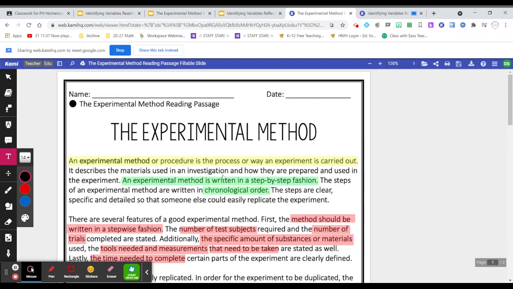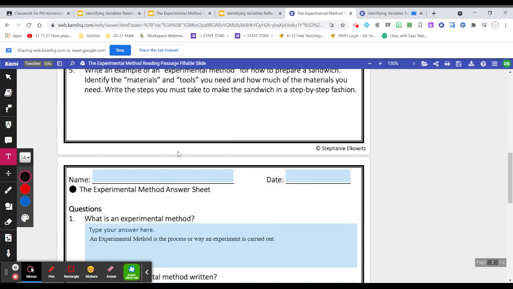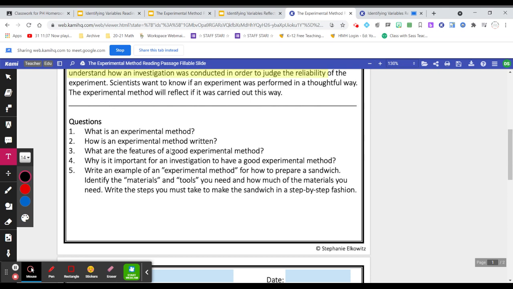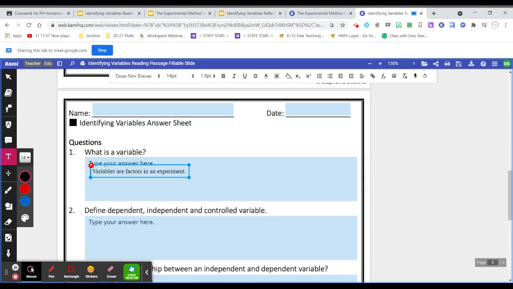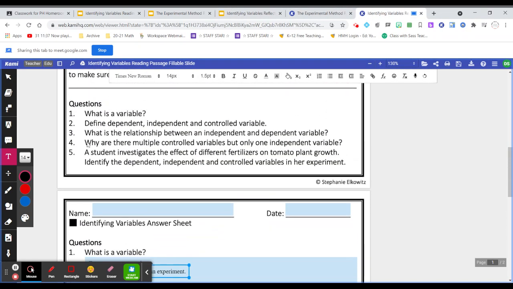All right, so for Samara and Makai, if you guys are still here, we're just going to do number 3 together, and then you guys are going to complete 4 and 5 on your own. So number 3 is asking us, what is the relationship between an independent and dependent variable?